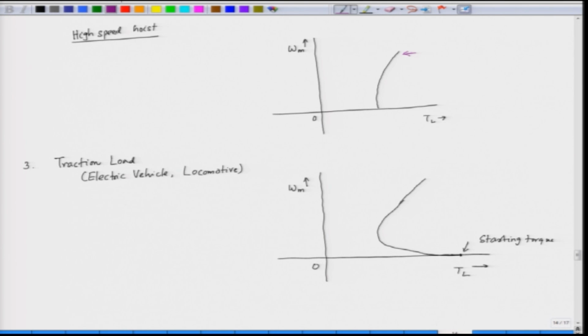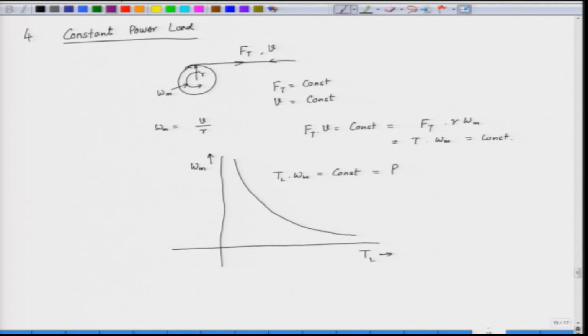Then we have the traction load which has a high amount of starting torque. As the speed increases, the viscous friction and the windage friction also come into the picture. And at the end we saw the constant power load where the product of torque and speed needs to be constant.